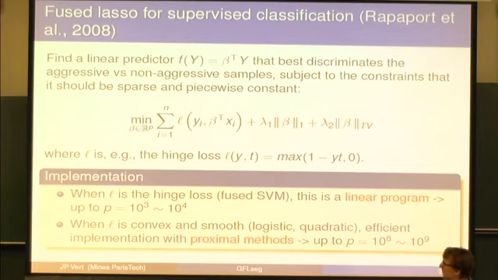And what's interesting is that as a key routine of these proximal methods, what you need is to be able to compute the proximal operator. And the proximal operator is exactly solving this problem with, as an objective function, the one we saw earlier, which is you have a target vector and you want to minimize the distance between beta and your target vector, penalized by this.